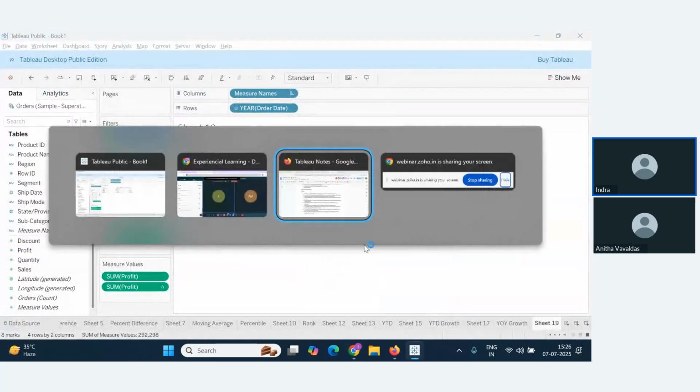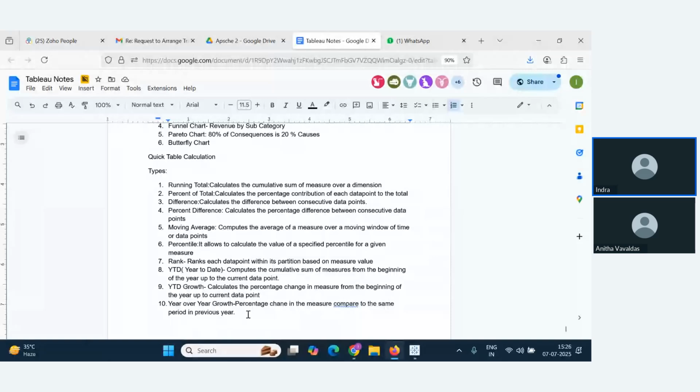Okay. Now coming to the last one, the 11th one, that is nothing but CAGR. It stands for compounded growth rate. Okay, there is a formula for it.